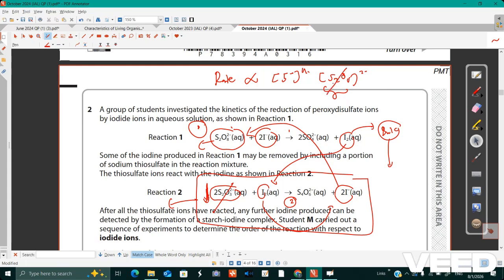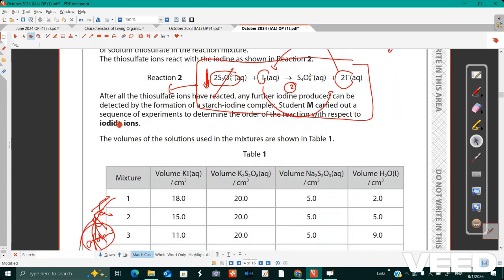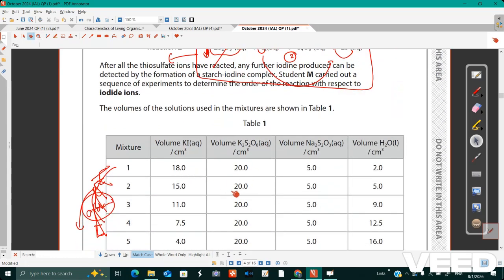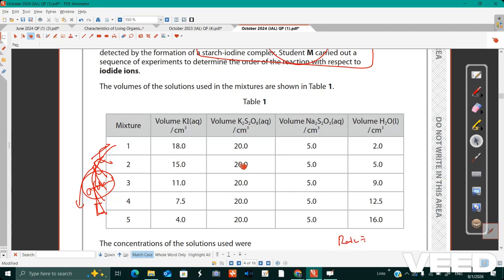Why can we assume the concentration of H2O8 is not getting changed? Because we are measuring the initial rate. Keep that in mind. Also, the total volume is made constant. See, the volume of this is 20, and they make sure the total volume is constant.